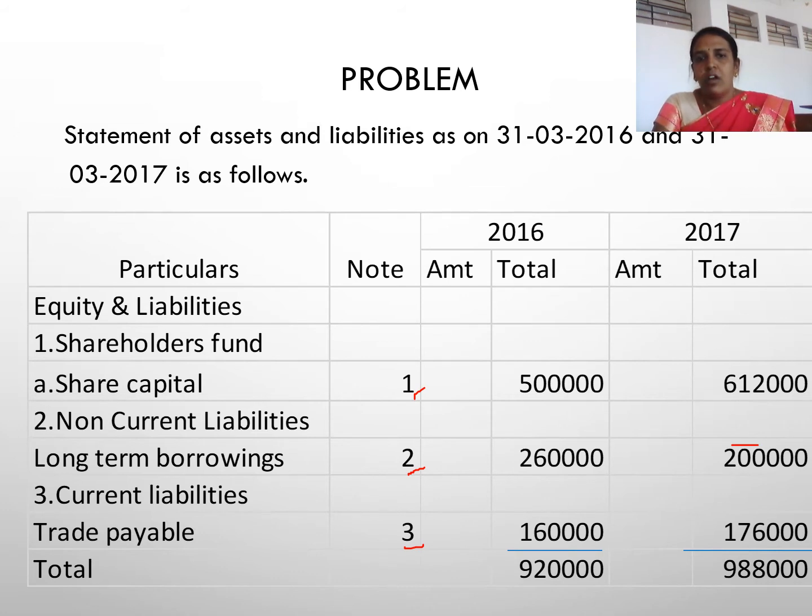The amount of trade payable in the year 2016 is 1,60,000 and in the year 2017 is 1,76,000, and total of the liability side for the year 2016 is 9,20,000 and 2017 is rupees 9,88,000.